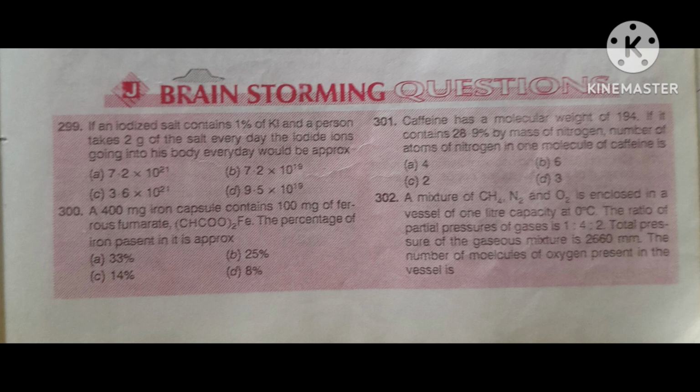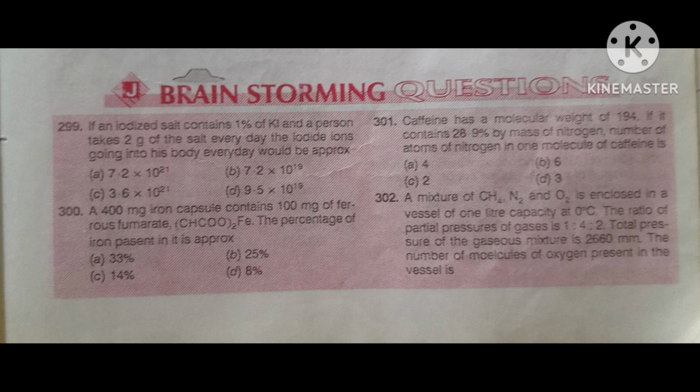Then the 0.02 gram potassium iodide has to be divided by this molecular mass. 39 plus 127: 39 plus 127, 39, 40 and this 26, 40 plus 26, 66, so 166. Then 0.02 divided by 166, you get 1.2 into 10 to the power minus 4 mole KI.